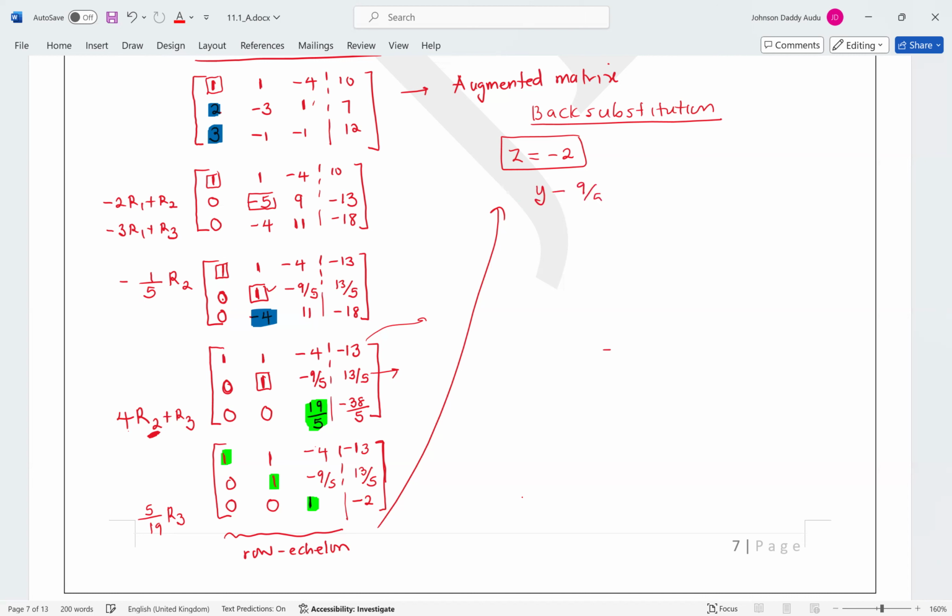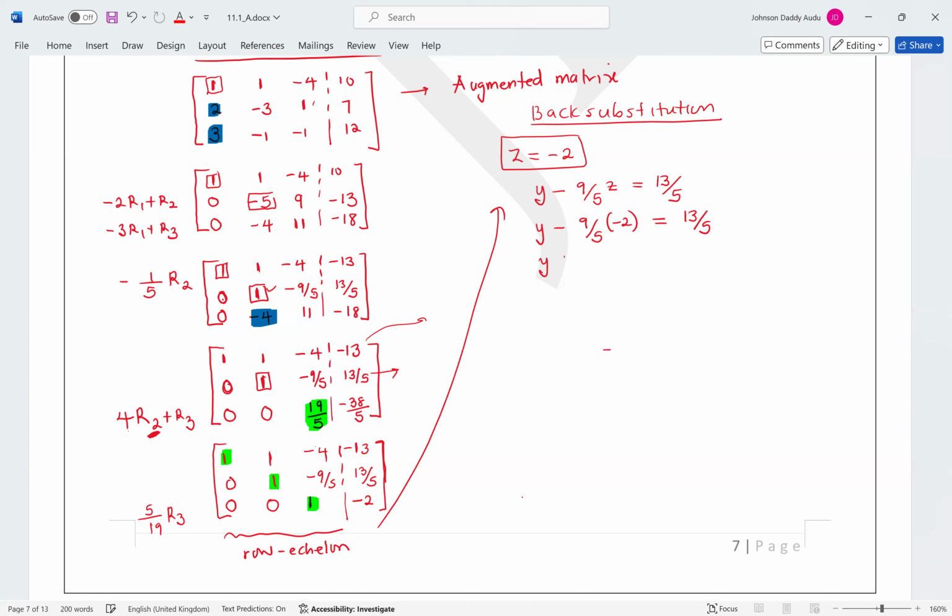If you go back to the second one, you will have y minus 9 over 5 z equals to what? 13 over 5. Now we'll substitute z equals minus 2. So you have y minus 9 over 5, z is minus 2, and this is 13 all over 5.